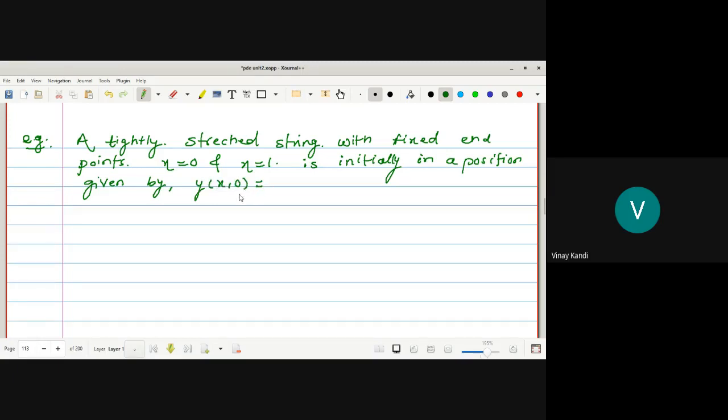At time t equal to 0, this is the initial position of the string with fixed endpoints.